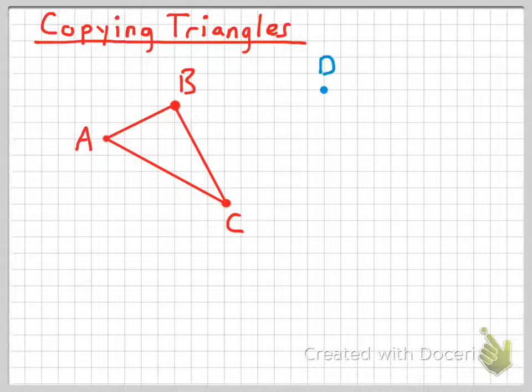What I want to do first is copy this distance AB. That's just the one I'm choosing to do. In order to copy that distance AB, I can kind of use slope in a sense. I'm not using slope in its simplest form, but I am using slope nonetheless. If I look at the distance from A to B, I would go up 2 units and right 4 units in order to make that distance, wouldn't I? So, in order to copy that distance, I can move 2 units in one direction.